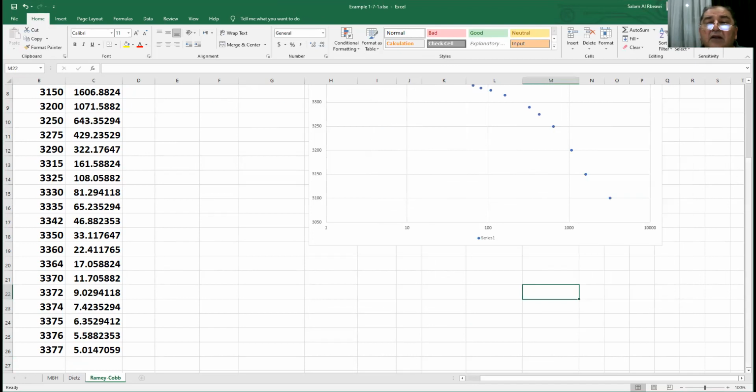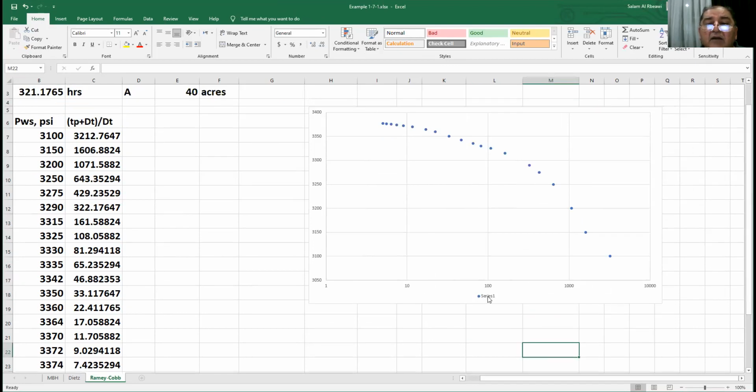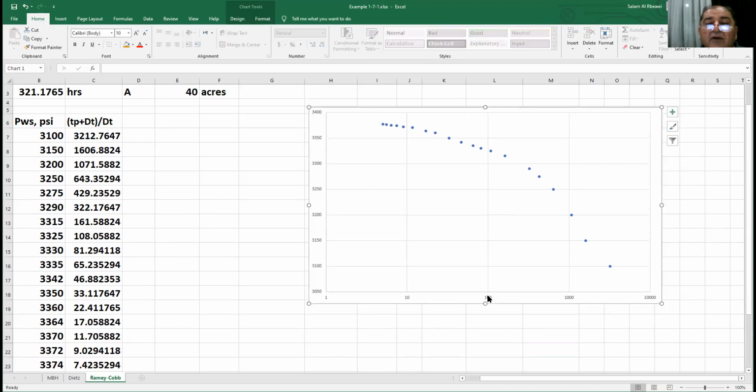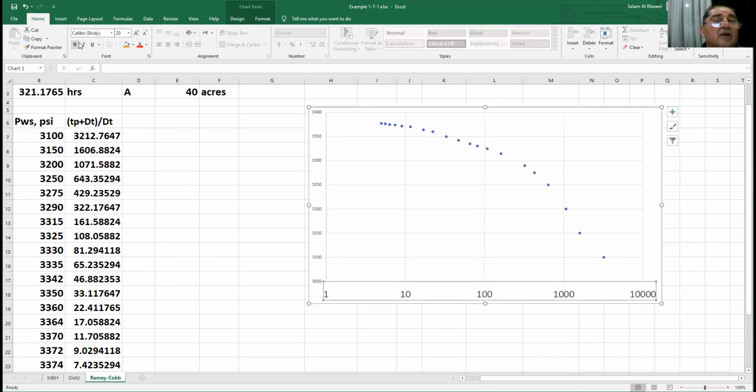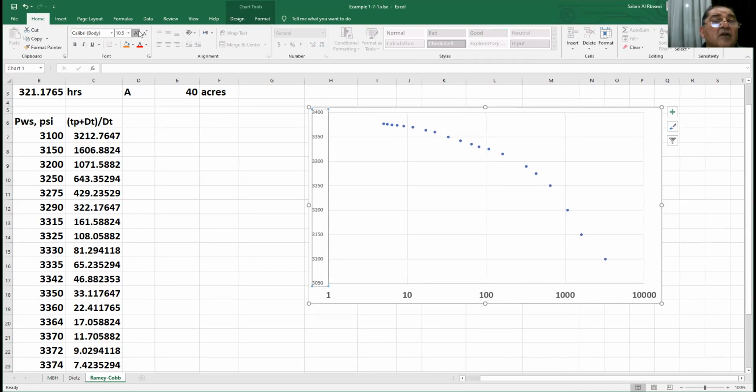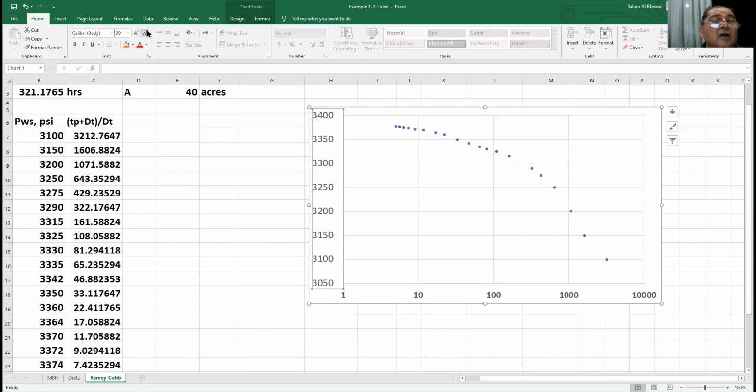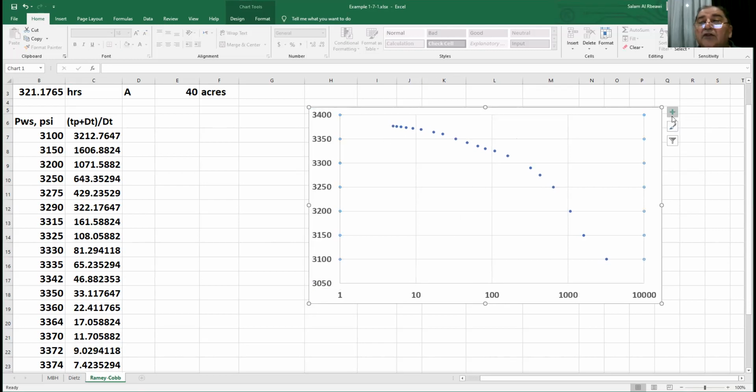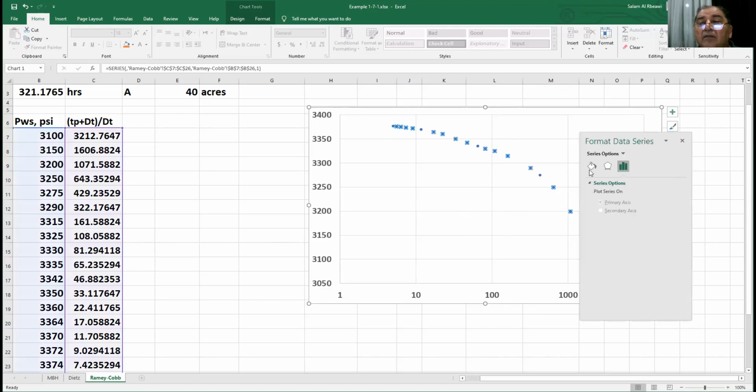Now we will make it nice, so reorganize everything. This is bigger, and we are going to do the same for the Y axis. So this would be nice. And for the markers, we are going to do the same.